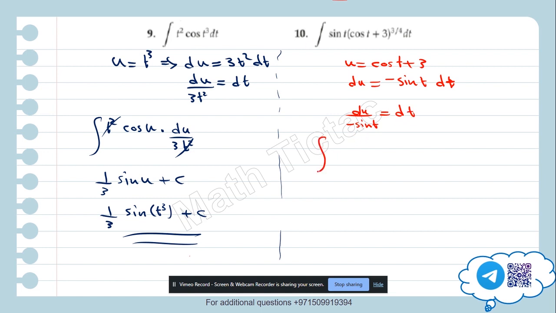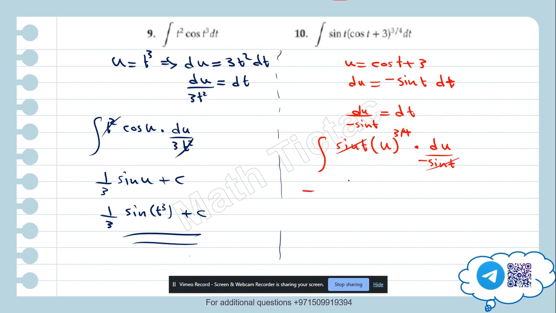Now let's substitute again: sine t multiplied by u to the power 3 over 4, multiplied by du over minus sine t. Sine with sine cancels, and we have minus 1 outside.